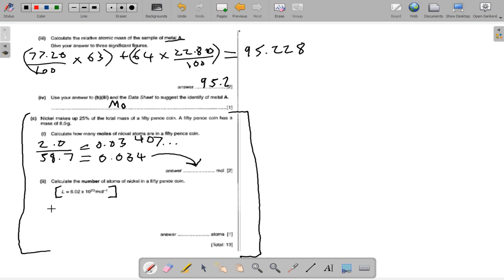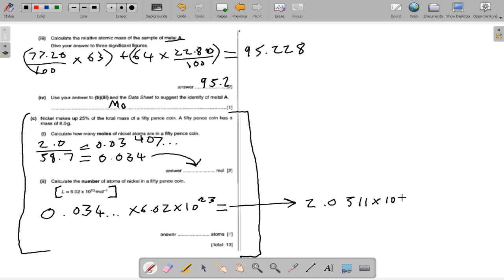And then all you have to do is times the number of moles by Avogadro's constant. Use your full calculator display from the previous answer, not the rounded one, to get the most accurate number of atoms. I hope you remember that constant. So the answer is 2.0511 times 10 to the 22 atoms.